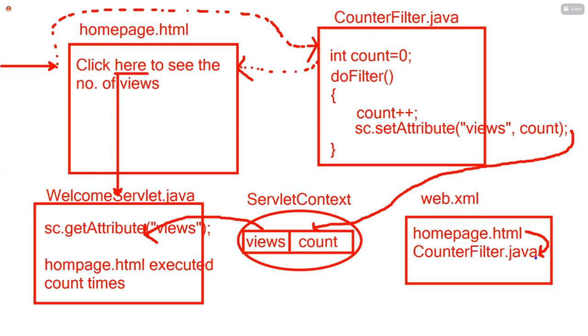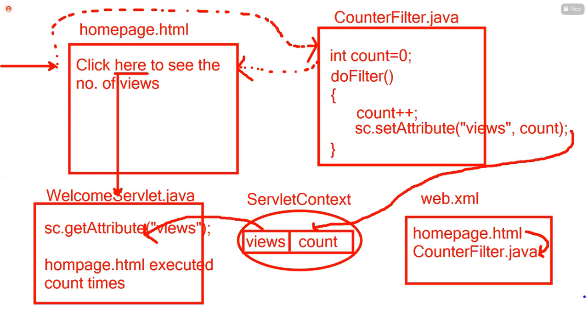Count equal to 0, count plus plus. The value is placed in context. After that, it comes back. HTML is executed, showing click here to see the number of views. You click, then the servlet is executed. This servlet retrieves the count: homepage.html executed 2 times. 1 time, 2 times, 3 times like that.